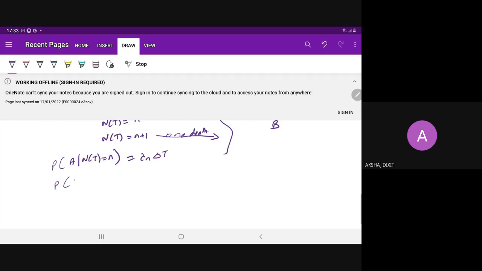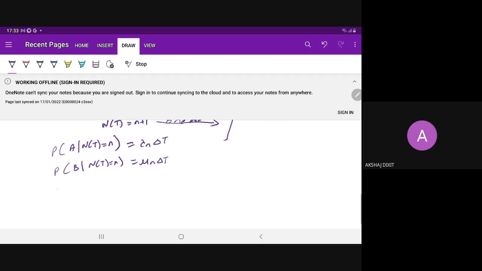Probability of B given there are n customers, exactly one death, no birth, is mu n delta t. And probability of C given N(t) is equal to n, no birth, no death, will become 1 minus (lambda n plus mu n) into delta t. Anywhere, if you feel any gap, please stop me and ask.